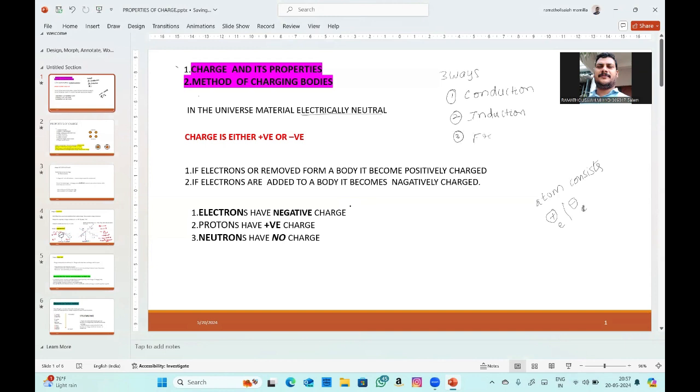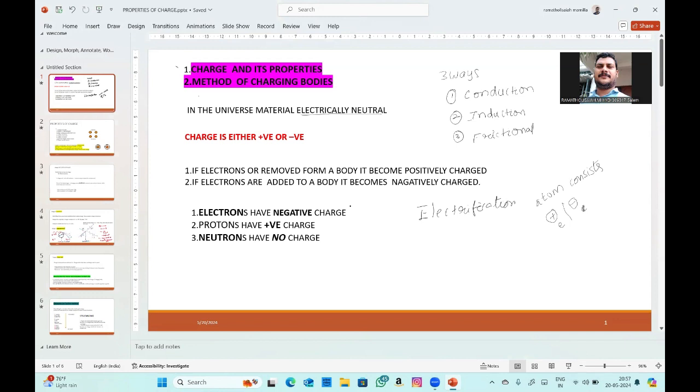This is the order I am trying to explain. I have given it here. This process is called electrification. By the electrification process, you can make charged bodies.